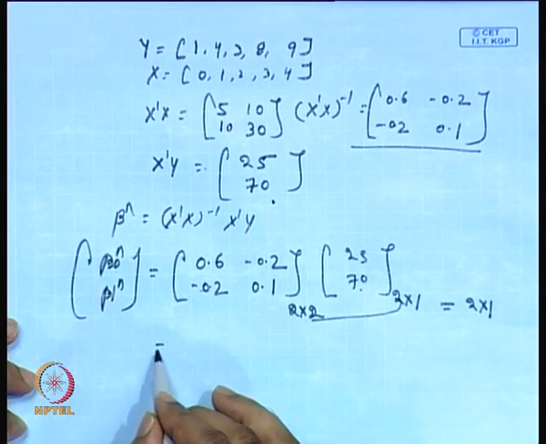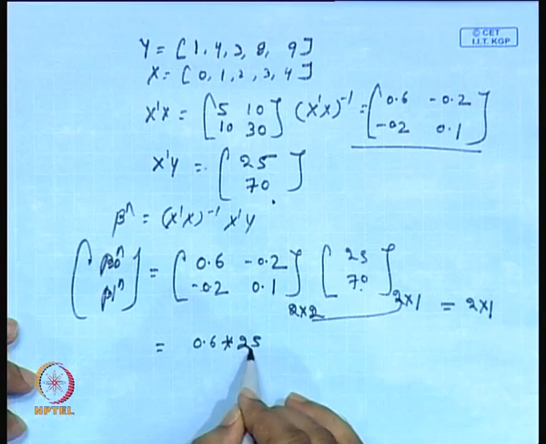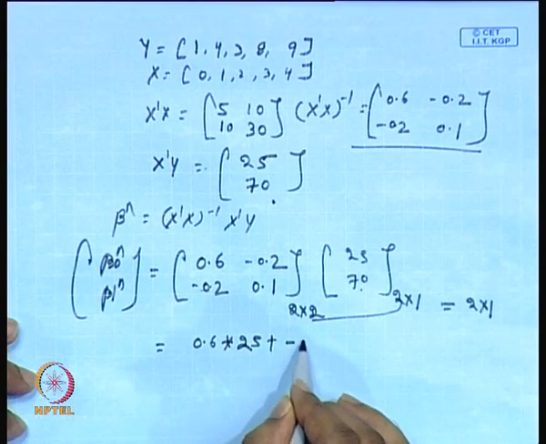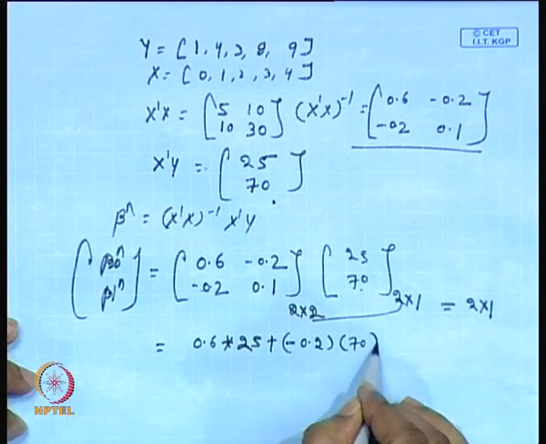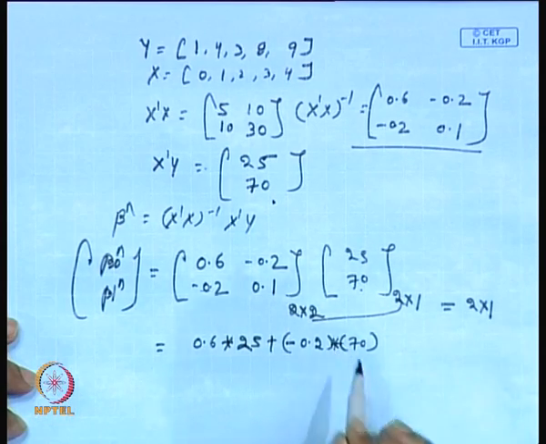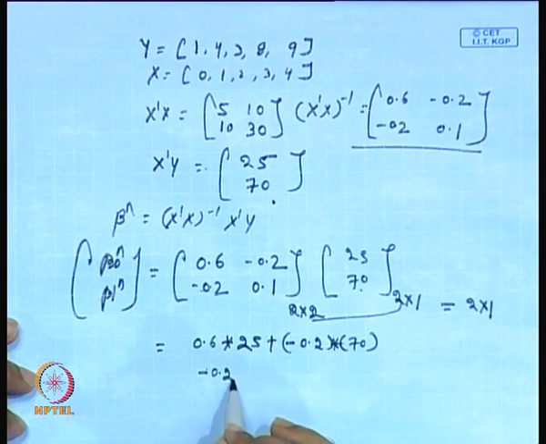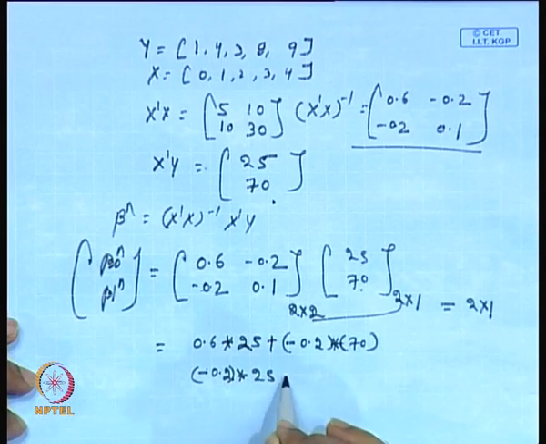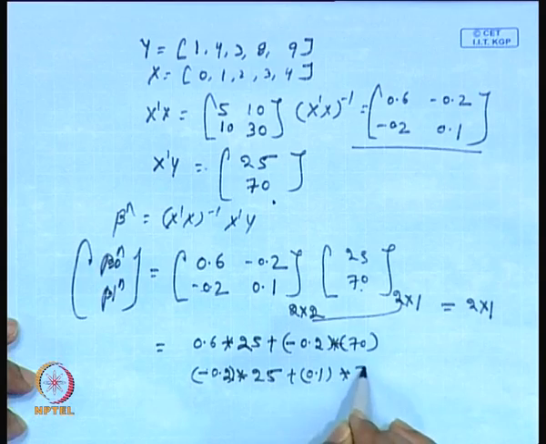So obviously it is 0.6 into 25, plus minus 0.2 into 70. Then another row will be minus 0.2 into 25 plus 0.1 into 70.